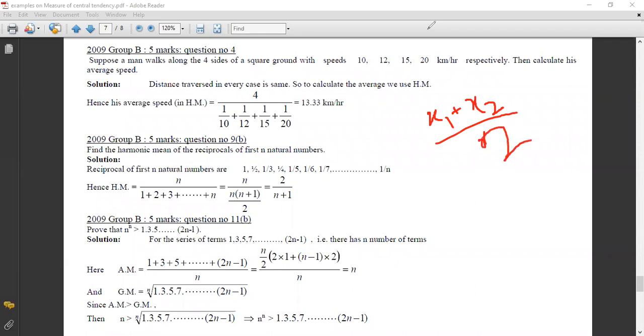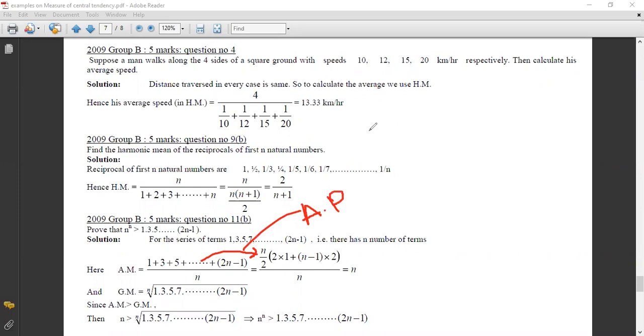So the arithmetic mean will be 1 plus 3 plus 5 up to 2n minus 1, the last number, by n, right? And again we have to use the formula of AP, or arithmetic progression.